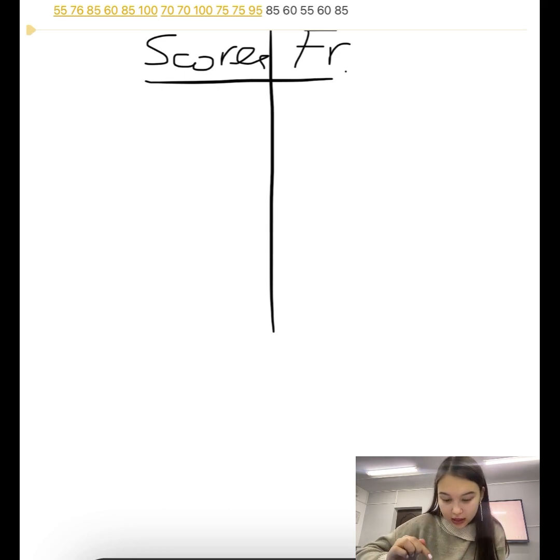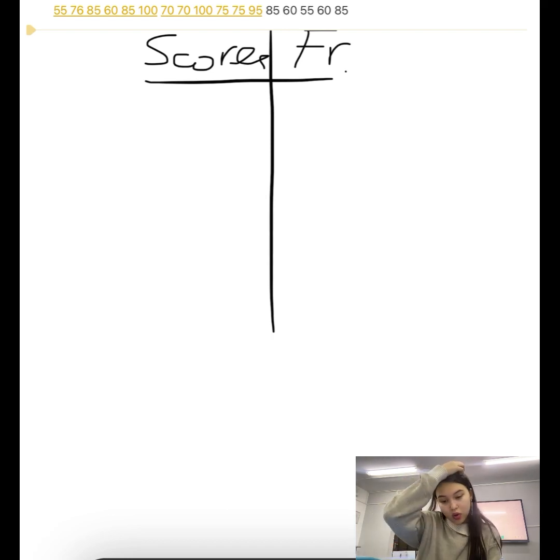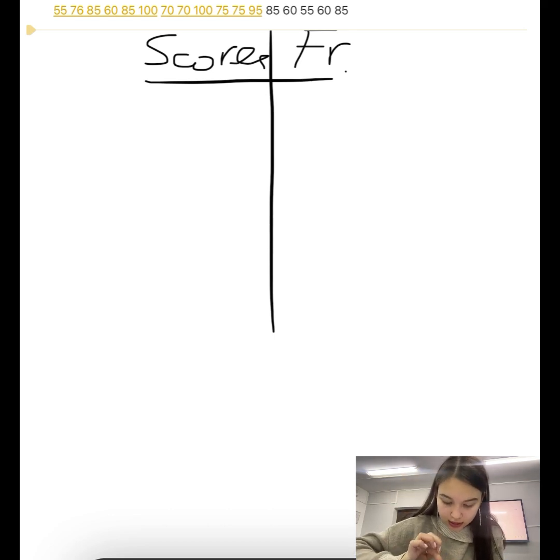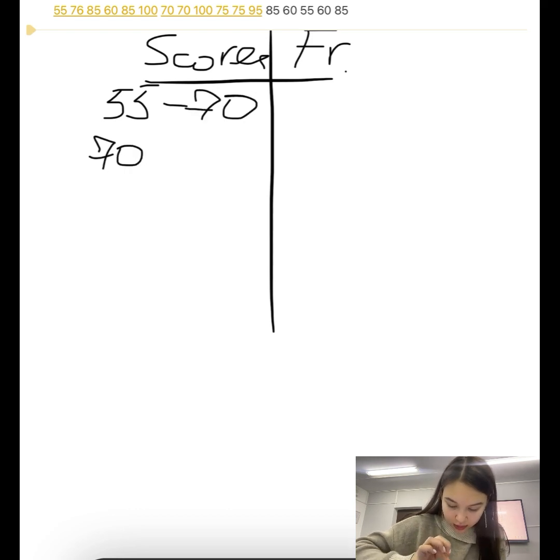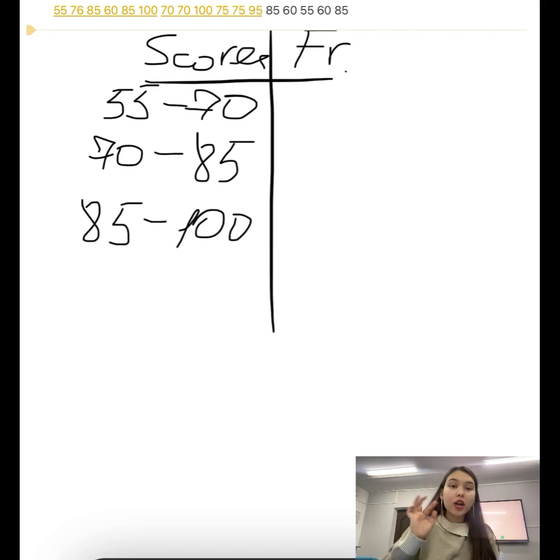So in this list, the scores vary from 55 to 100. So let's do it like this, from 55 till 70, from 70 to 85, and from 85 till 100, so as not to have too many intervals or too small a quantity of intervals.